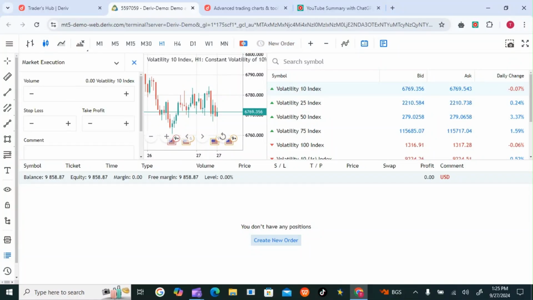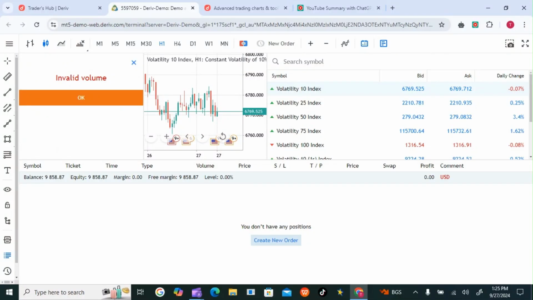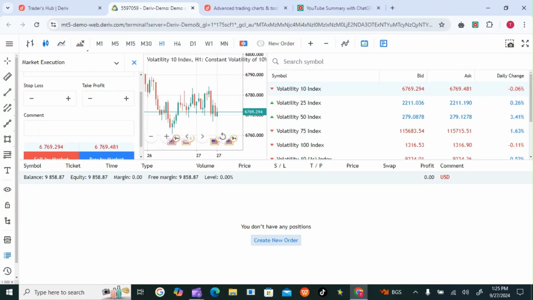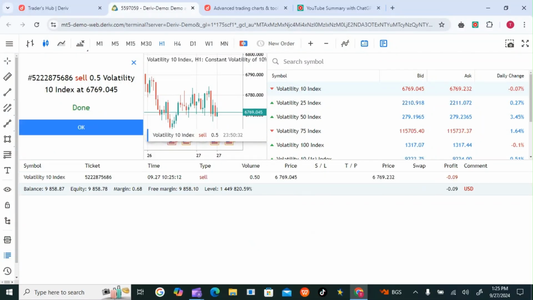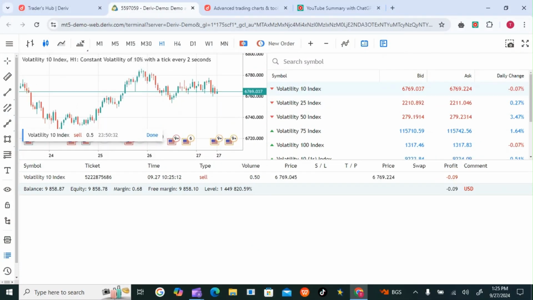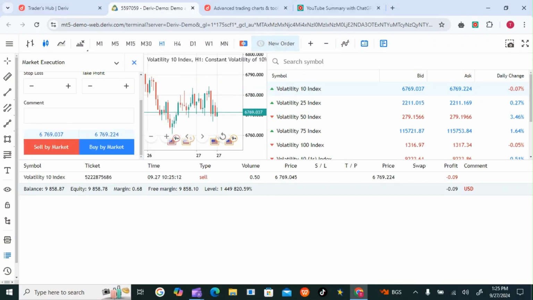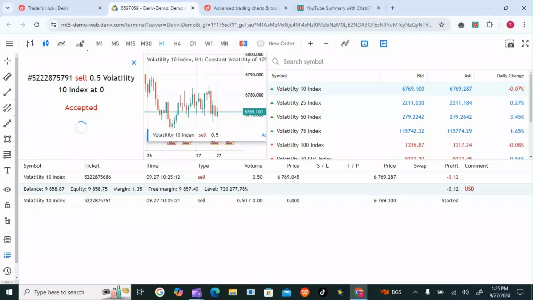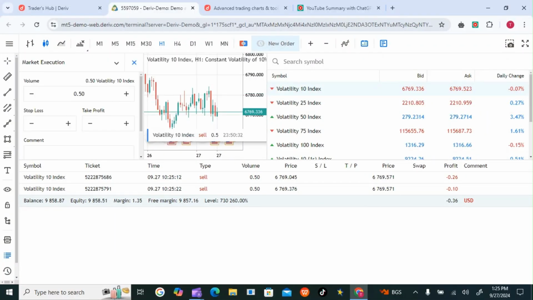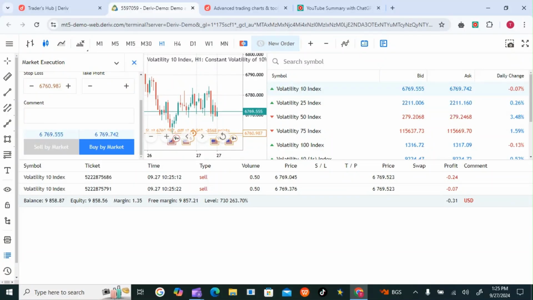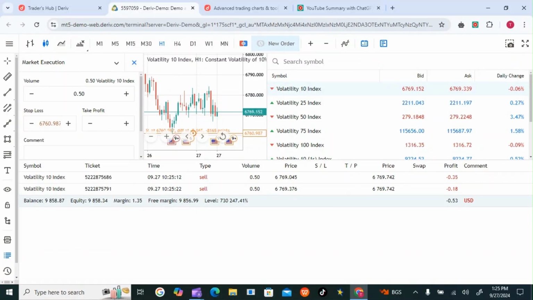Invalid volume. So I've sold, and let me increase the stake. So I've sold. Again we take another sell position, and it's done.